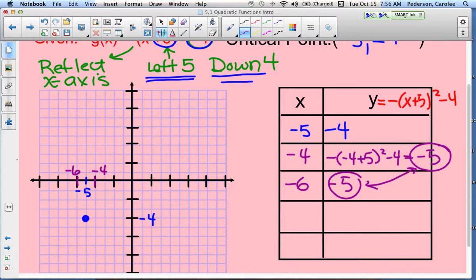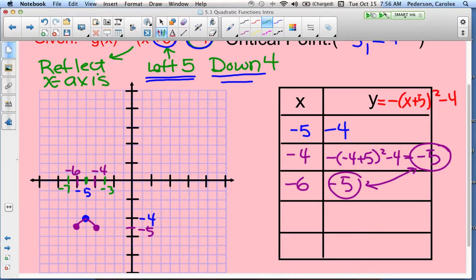So now if we go out and graph those 2 points, negative 4, negative 5, and then negative 6, negative 5. There's the shape of the graph starting out. Now we're going to go 2 right and 2 left from the center. So remember, this is our center, negative 5. Now we're going to go to negative 3 and negative 7.